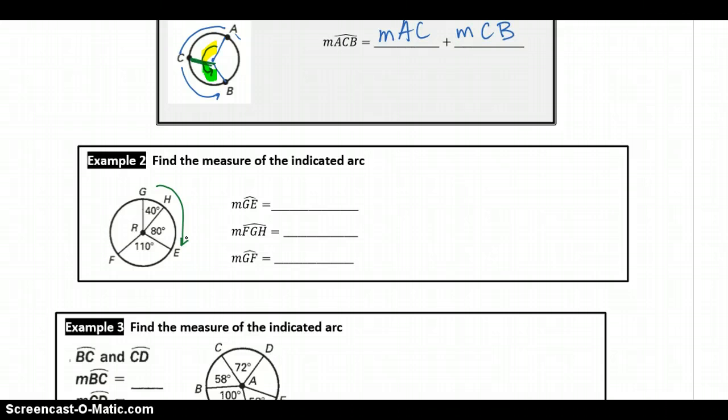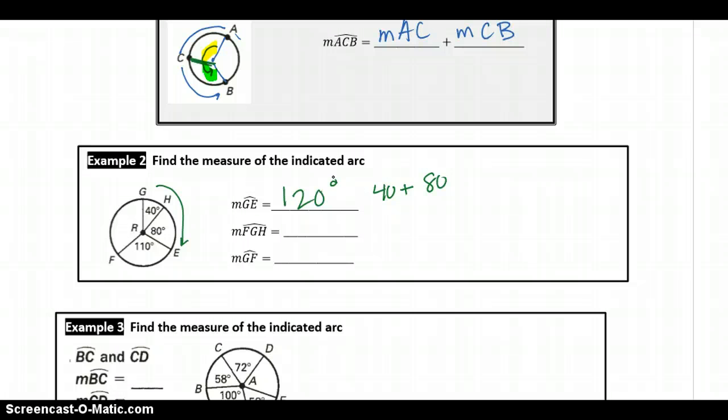So if from G to H is 40 degrees, and from H to E is 80 degrees, we can add those together, and the measure of arc GE is 120 degrees. We just added those two angles in there. Okay?